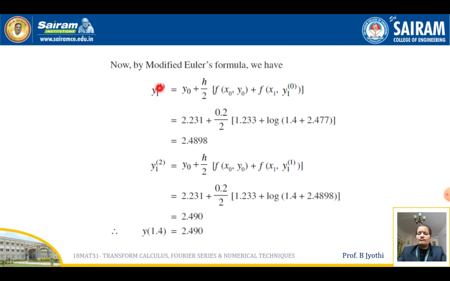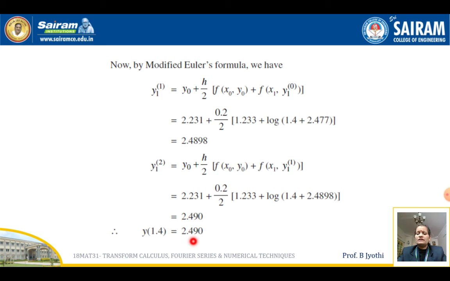So y1 of 1 is given by the formula, which is this, and substitute the values we have, which gives us 2.4898. Next, y1 of 2 is given by the formula where y1 of 0 is replaced with y1 of 1. So we get 2.490. This is y of 1.4.